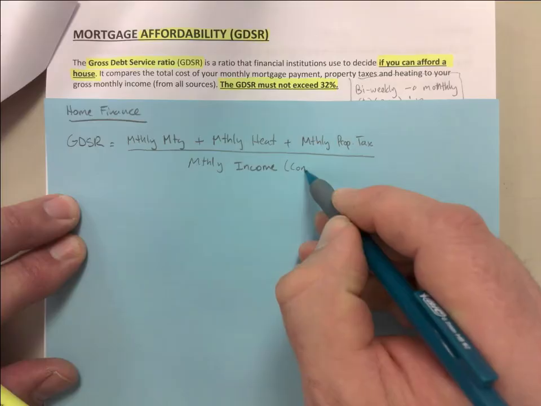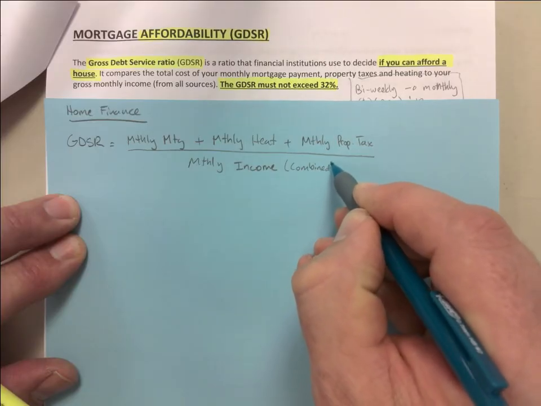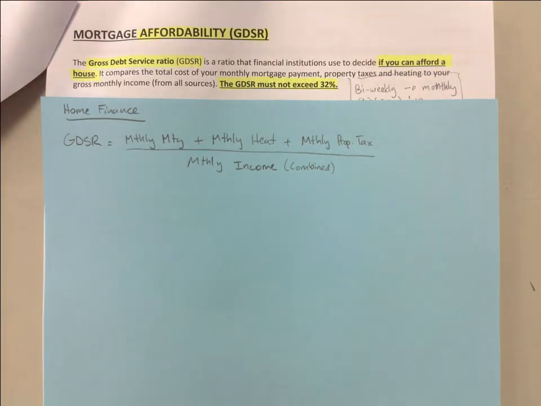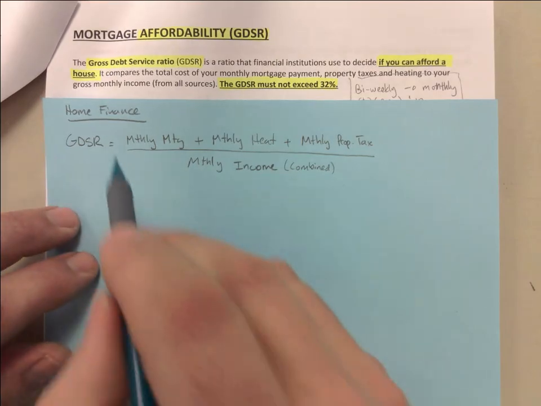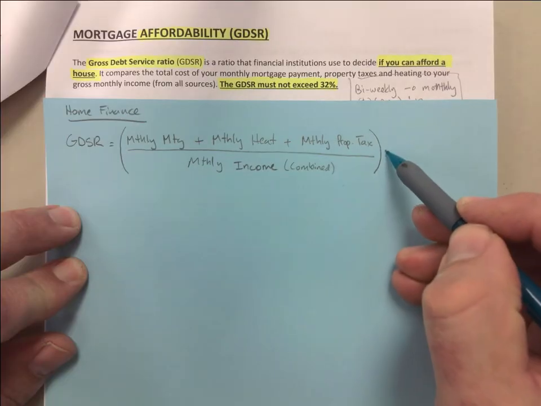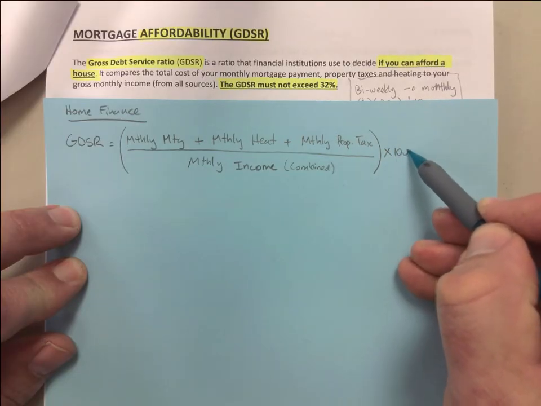I will say combined. So if there are several incomes, you just combine them into one big lump sum, okay? You take all of this and you multiply that by 100.